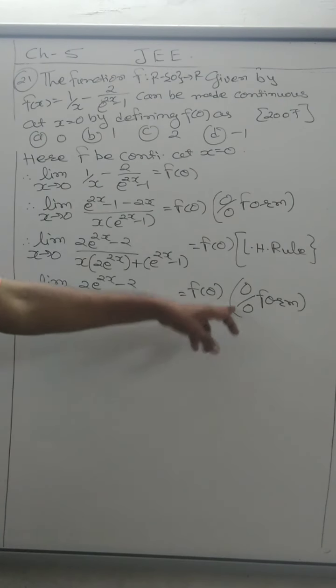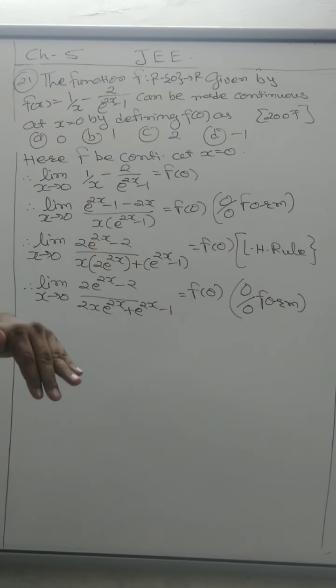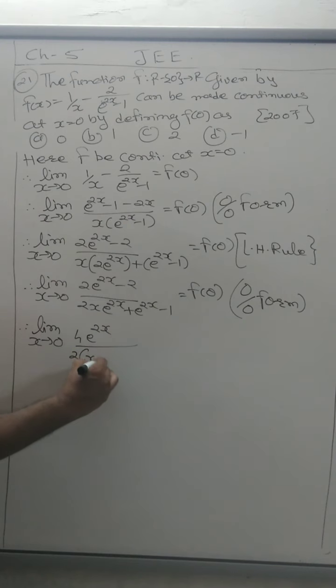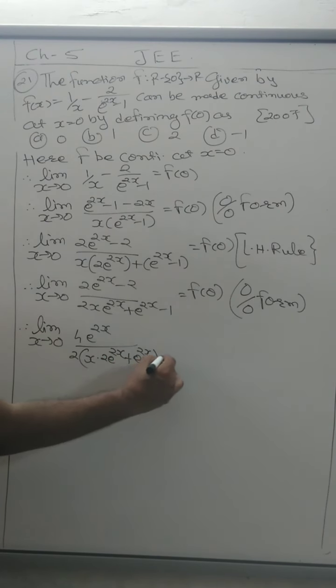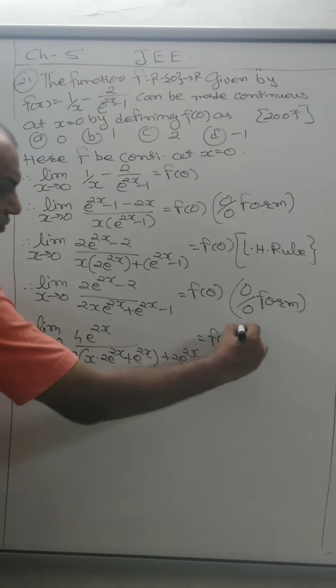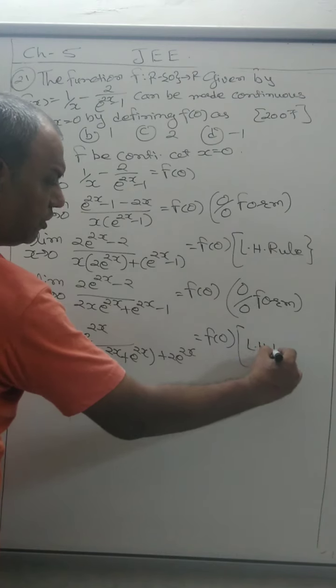So we have limit x tends to 0 of 4e^(2x) upon, first, 2 in bracket x 2e^(2x) plus e^(2x) plus 2e^(2x) is equal to f(0). Here we apply L'Hospital rule.